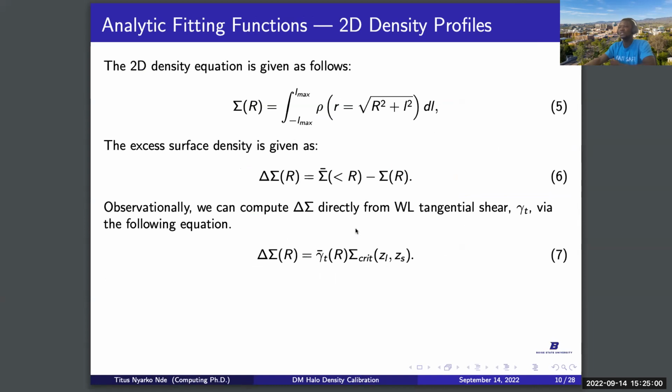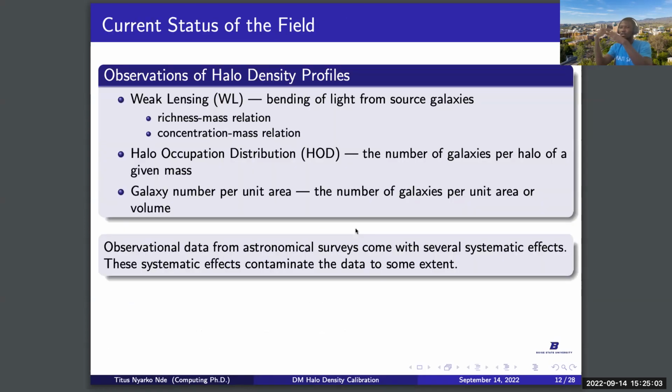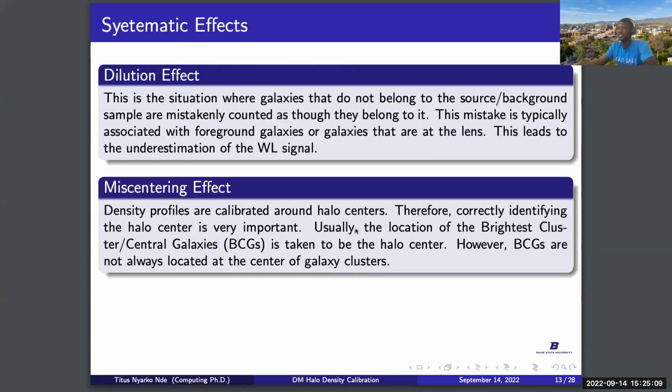But the problem is that in experiments, this kind of data usually comes with some systematic effects. And one of the systematic effects is the dilution effect. By dilution effect, it means that if you look at a galaxy cluster from your line of sight, because of weak lensing, basically we have the observer, then we have a lens galaxy, and we have the source galaxy.